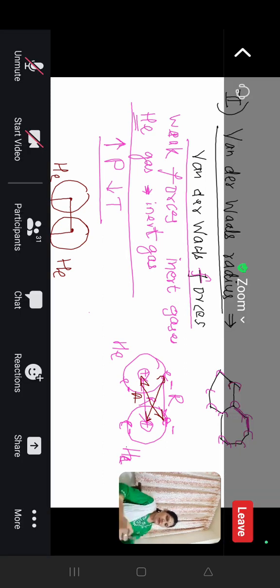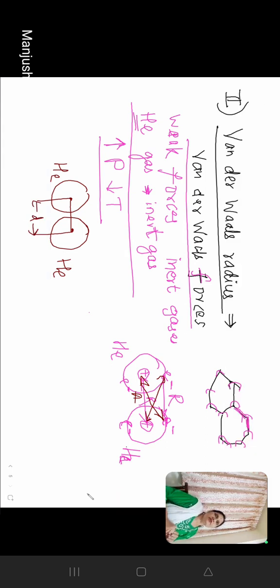They will come close to each other, but there is some limit. After that limit, they will start repelling each other because repulsive forces dominate. That is, repulsive force will be between electron and electron, and between the nucleus of one atom and the nucleus of another atom.